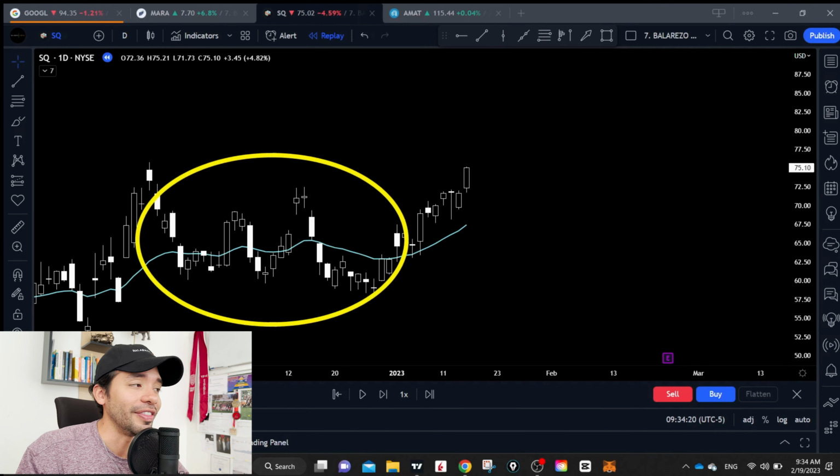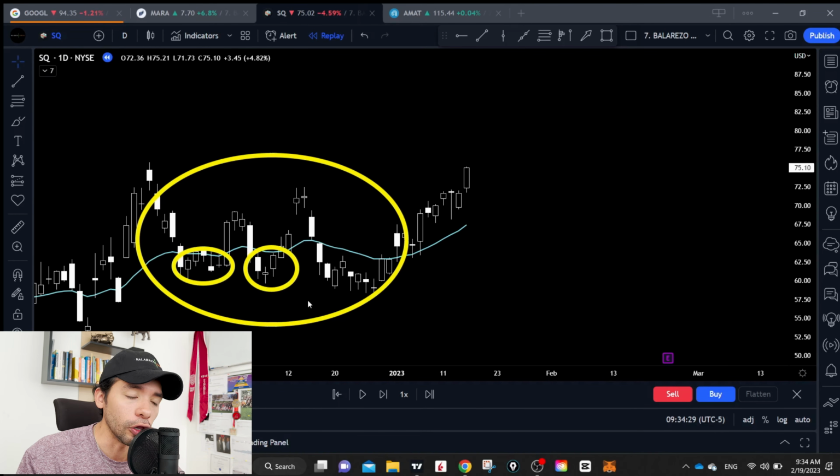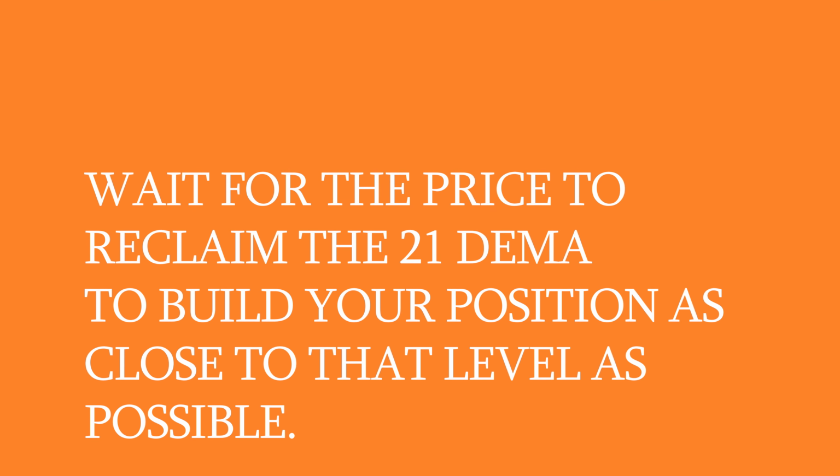If you want to trade this base to the upside, then you're most likely not going to buy your position as long as the price continues to trade below the 21 exponential. If you decide to build your position only above this 21 exponential moving average, then you have a higher probability of continuation.